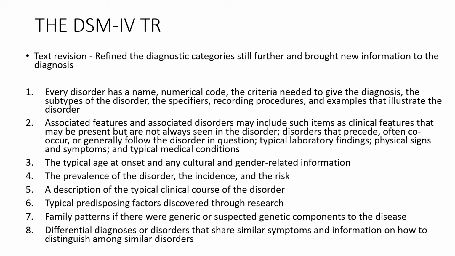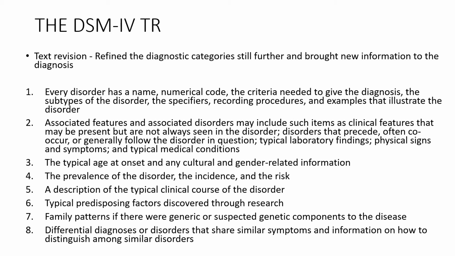6, the typical predisposing factors discovered through research. So some of the things that might pop up because of research that describe that mental illness or whatever it is in more specific detail. 7, the family patterns, if there were genetic or specified genetic or suspected genetic components to the disease.